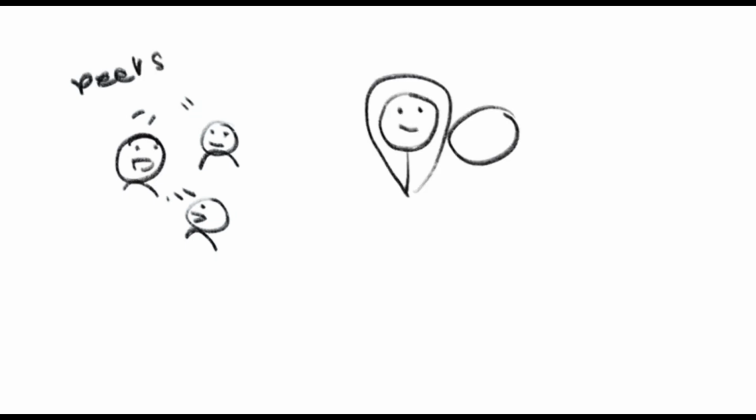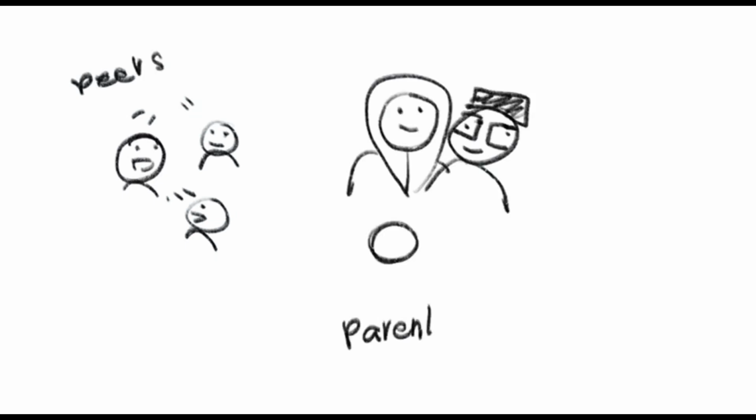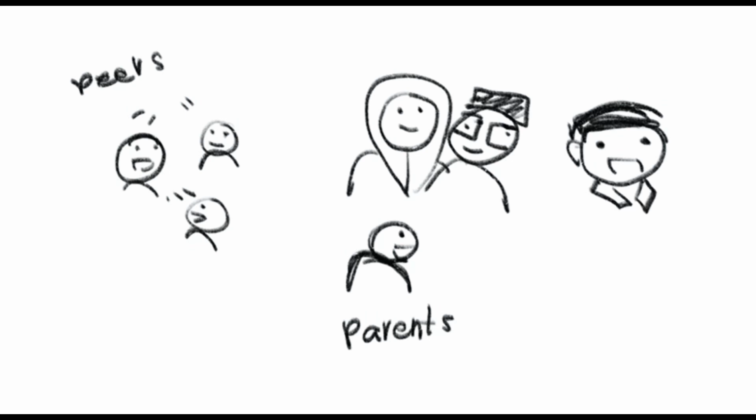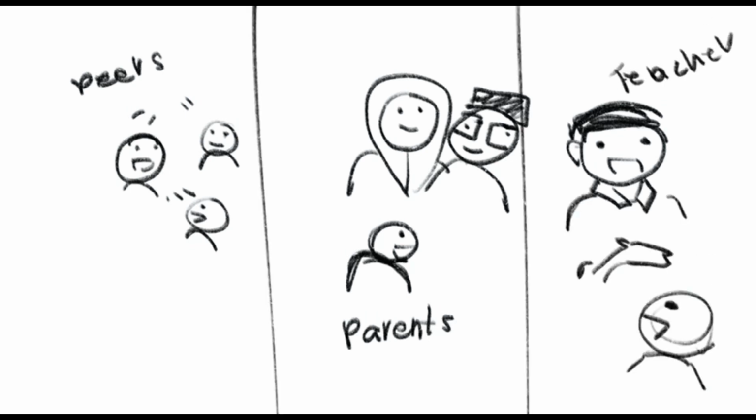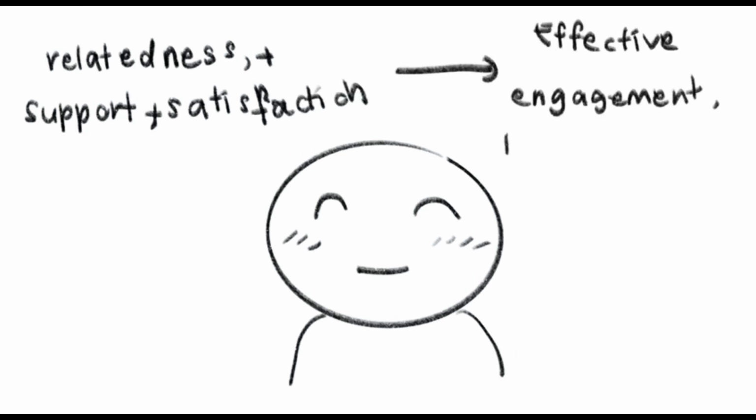They are motivated to spend time with peers, have close friendships, attachment to their parents, and a desire to have a positive relationship with their teachers. Recent research indicates that relatedness, support, and satisfaction are associated with more effective engagement, learning, and achievement.